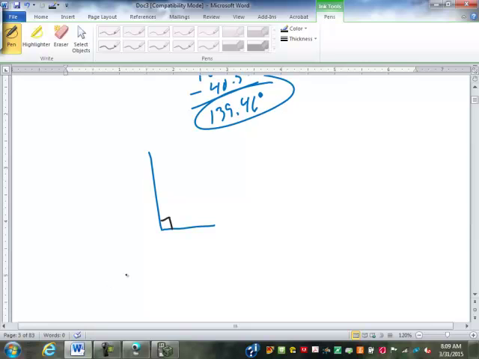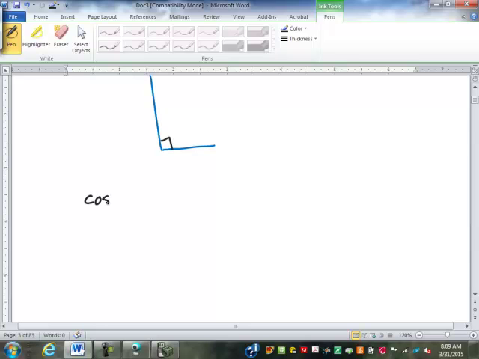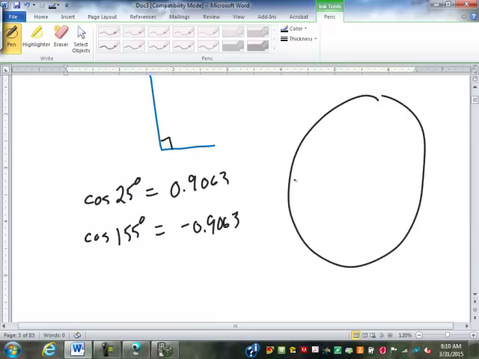Do we have the same problem with cosine? What's the cosine of 25 degrees? Go ahead and plug it in. What is it? 0.9063. Negative. See, now this one gives me negative. Yeah, cosine of 155 is negative. Let's analyze this.